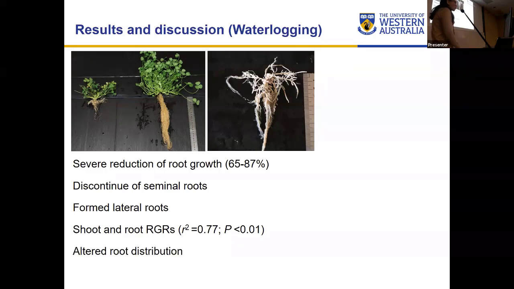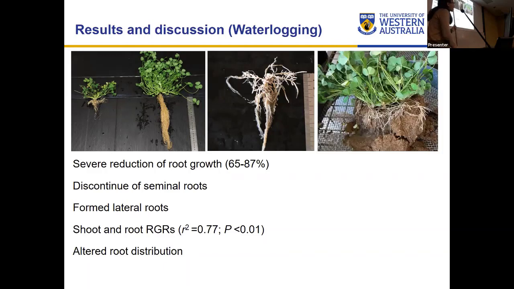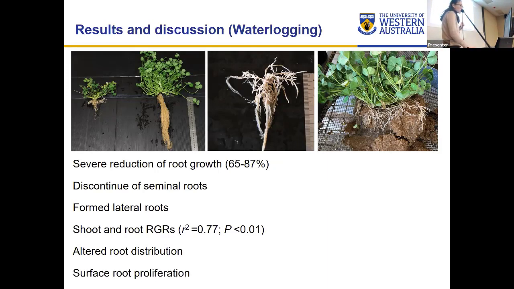Another notable observation was the altered root distribution. Root distribution was altered toward and above the soil surface, which is closer to atmospheric oxygen. All cultivars of subterranean clover, irrespective of waterlogging tolerance, started to grow surface roots.